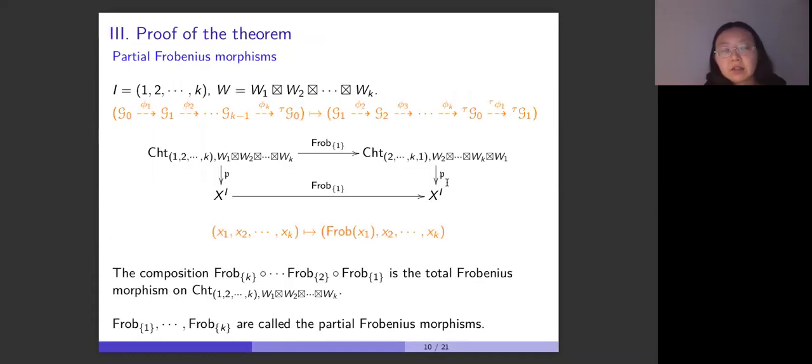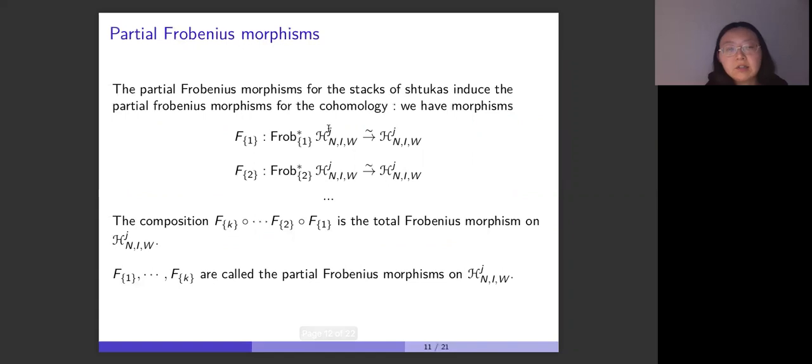So here you have the H. You take the Frobenius inverse image of H. You arrive here, and here you have an H2, also an H, and we have an isomorphism. We can construct a canonical isomorphism between these two.